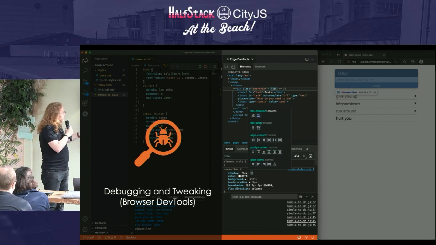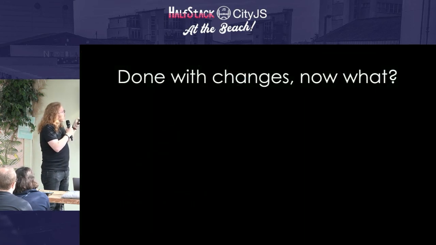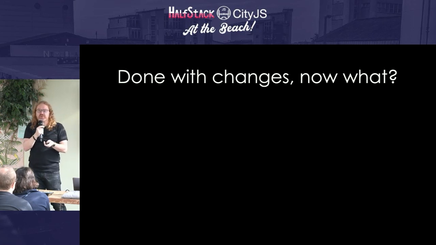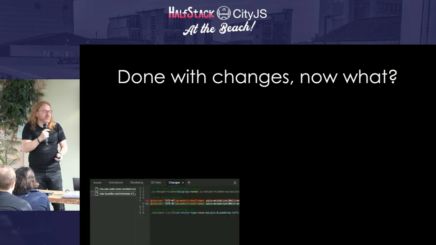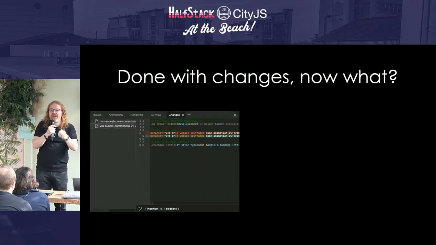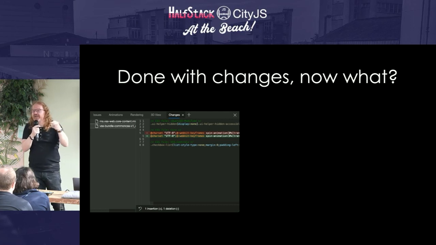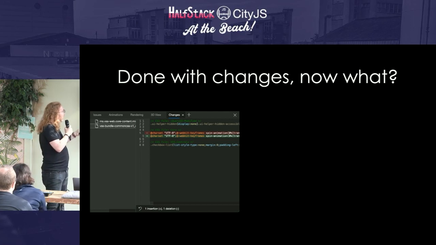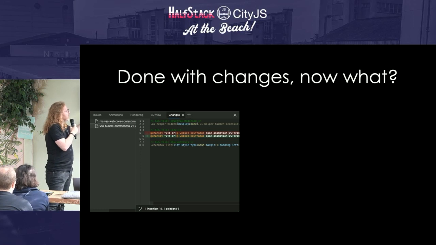And then we're stuck because we're done with the changes in the developer tools, and now what? The process in every developer tool out there in browsers right now is a bloody copy and paste. You change those tweaks around, and then you have to redo everything in your CSS that you've done before. Now we have a changes tab in Chromium browsers that shows you all the files that got changed by that interaction in the styles pane, and it shows you what was deleted and what was added.